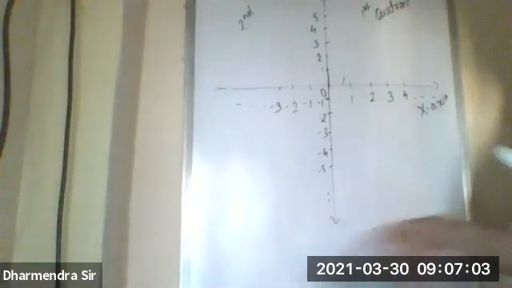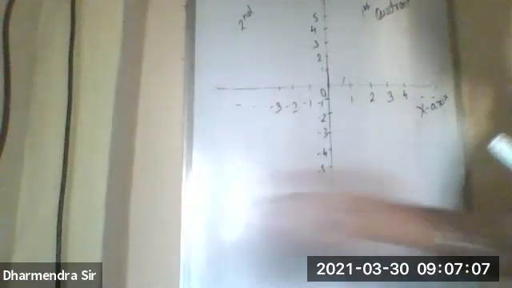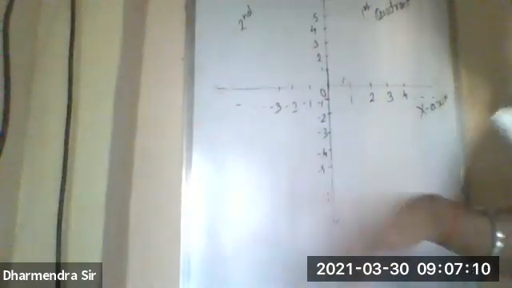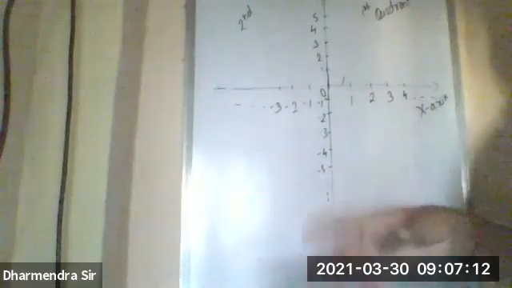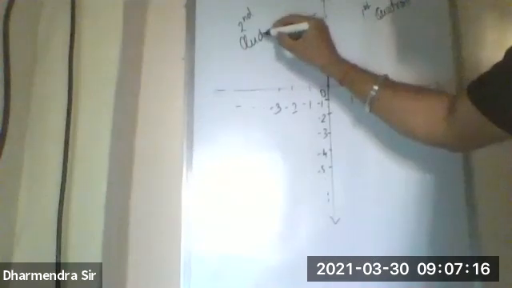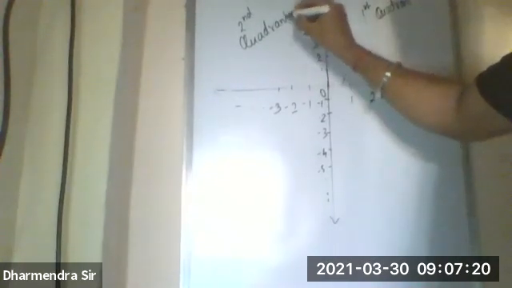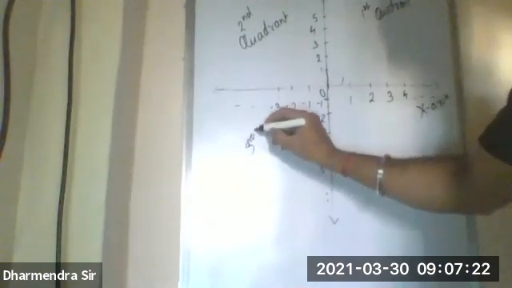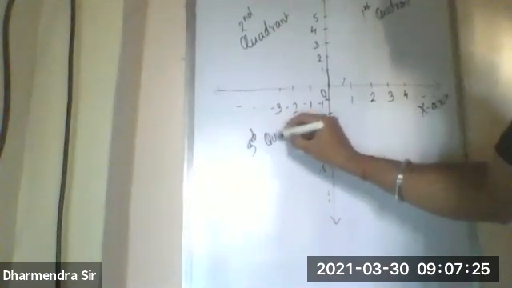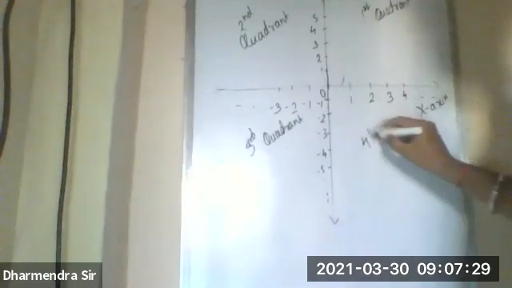It will always be required, and it will be useful in your coming class, that is in 10th standard, in which you will be drawing graphs and finding the values of equations. Second quadrant. This is your second quadrant. This is your third quadrant. This is your fourth quadrant.